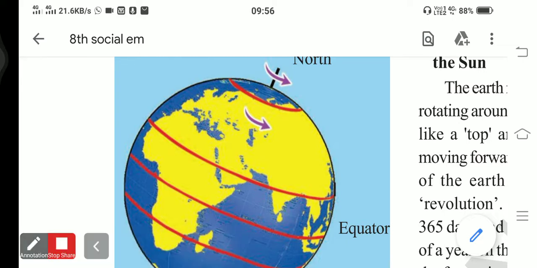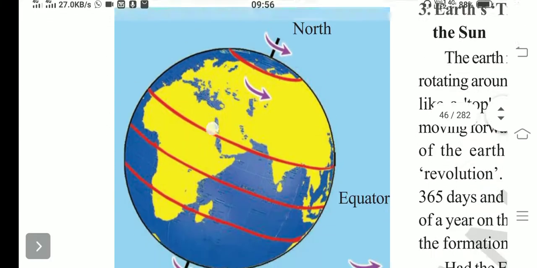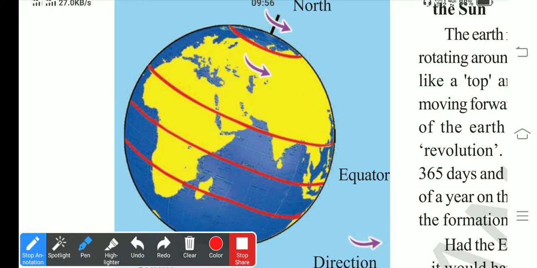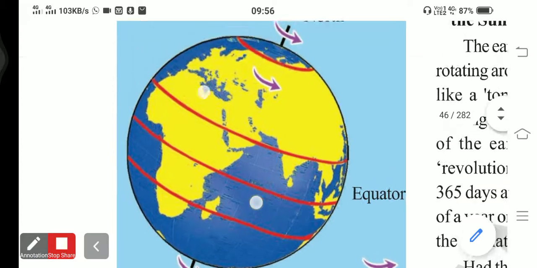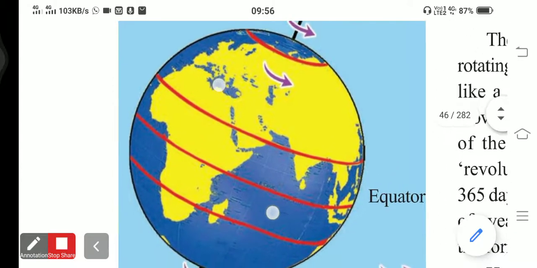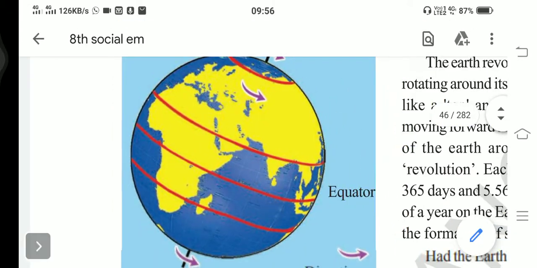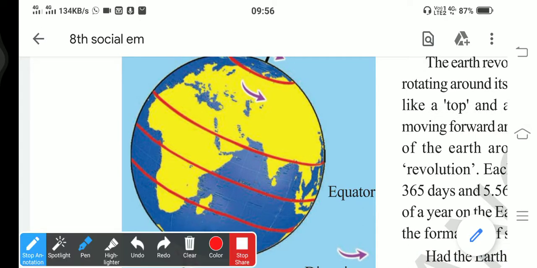So when the earth rotates, my dear students, you will see that half of the portion, I'll show you, this half portion of the earth is faced towards the sun at a particular moment. For example, the sun is in the east. So what happens here?